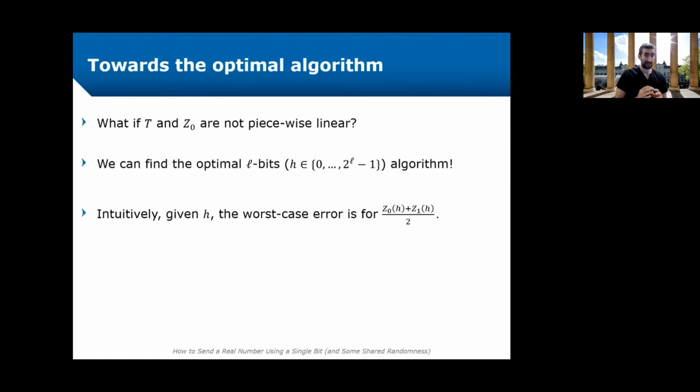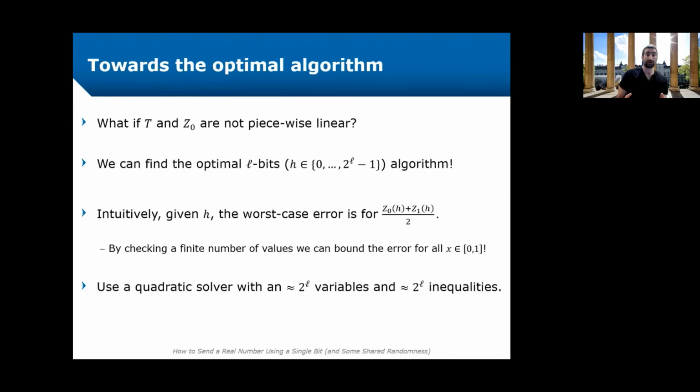What it means is that if we use a finite number of bits L, then we can look at a finite number of possible values for X. By bounding the error there, we can bound the error for any X in 0, 1. Now that we have this idea, we can use a quadratic solver with something like 2 to the L variables and 2 to the L inequalities and approximate the optimal solution.